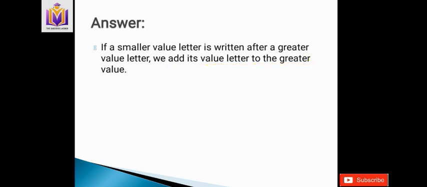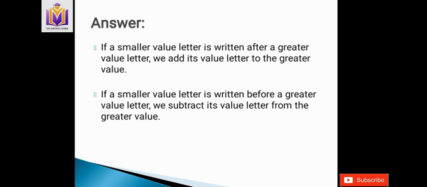For example, we have taken the example of VI. So here V means 5, and if I write I after that, 5 plus 1 will become 6. Similarly, on the other side, if a smaller value letter is written before it, we usually subtract the letter.